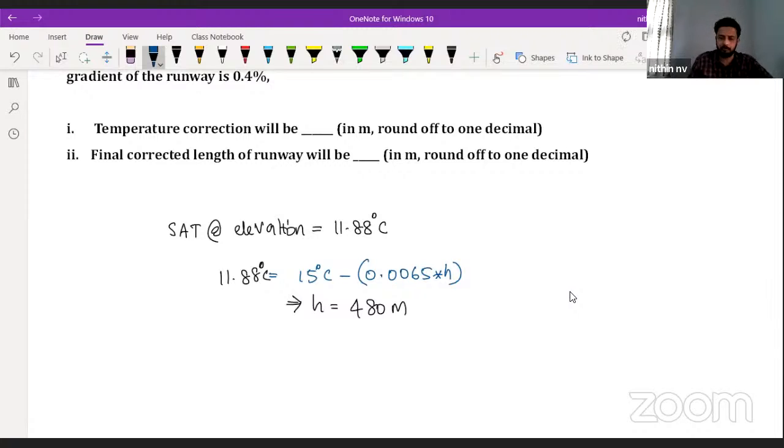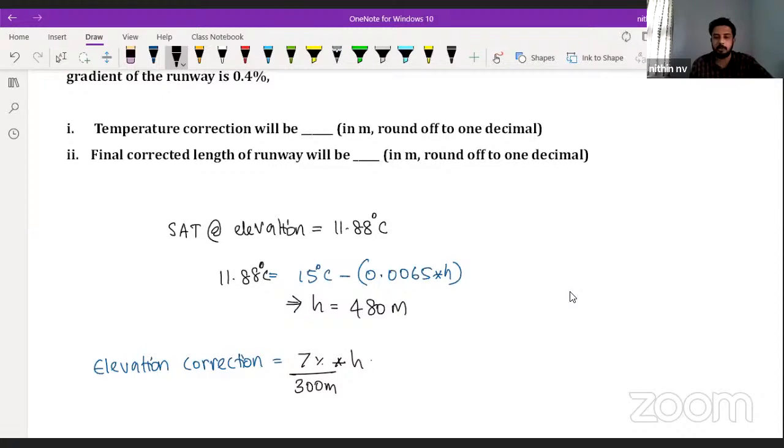Now we can solve within 5 minutes. We are going to solve it and wind up the session. Now what will be the elevation correction? Firstly, solve, everyone. We know the elevation correction is equal to 7% for each 300 meters.